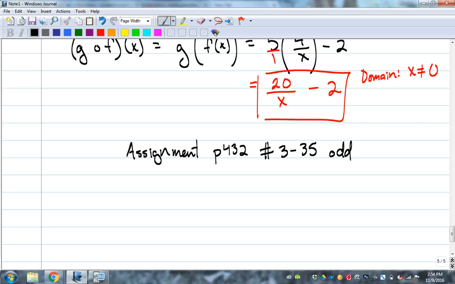You're not doing all of the operations with every single problem. So 3 through 9, do the operation they're asking you to do. 13 through 17, do the operation they're asking you to do, multiplication or division. And then 21 through 27, you got 3 different functions there, and they're wanting you to find the indicated value, look at composition, what that means for that. And then 29 through 35, again, it's composition like what our example showed.